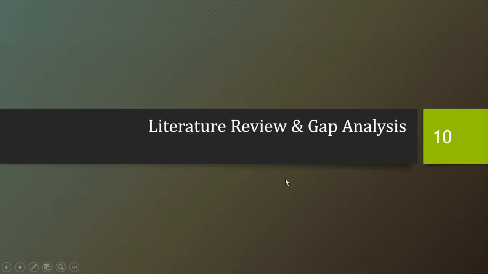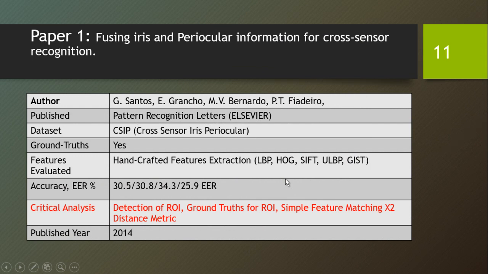This is the literature review section. The first paper which I have chosen corresponding to my data set is fusing iris and periocular information for cross sensor recognition. The paper was published in Elsevier. They synthesized or captured their own data set. They evaluated results based on equal error rate, varying from 25 to 34.